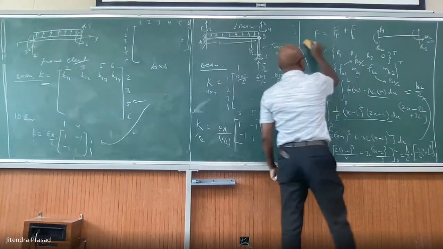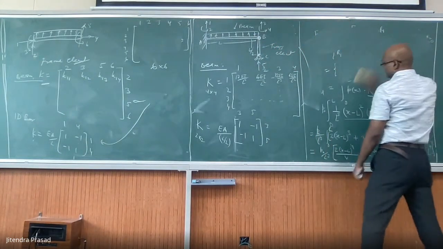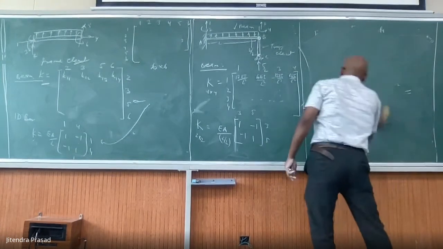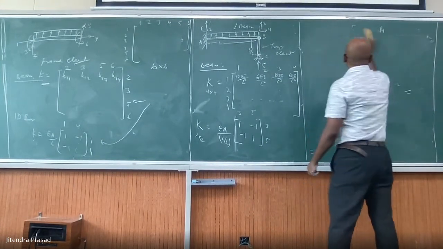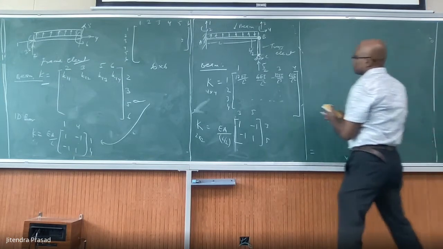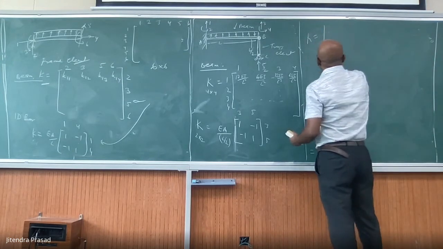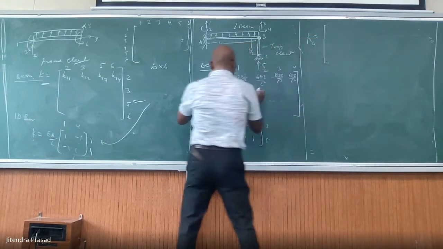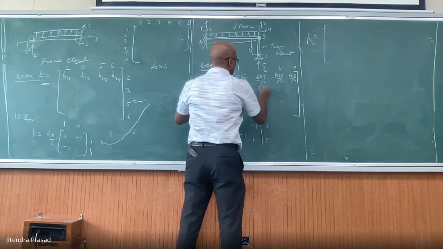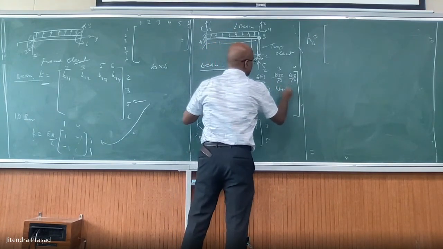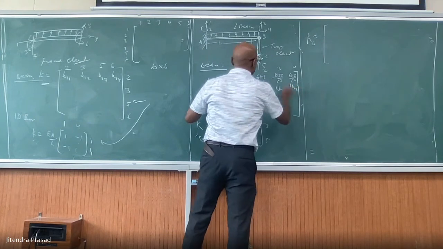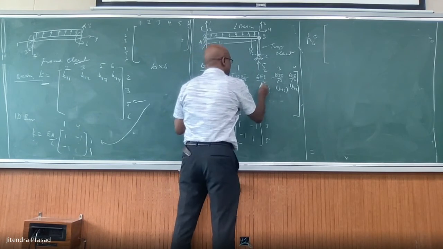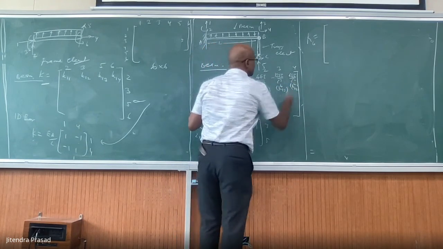What will be U? So the global will be, let's call this one K11, K12, K13, K14, and so on. This is for beam, so I will also write for beam, KB.